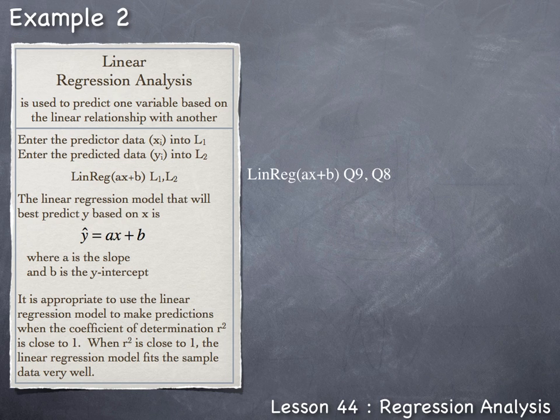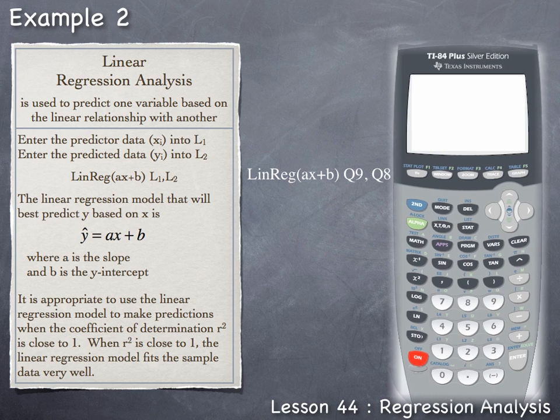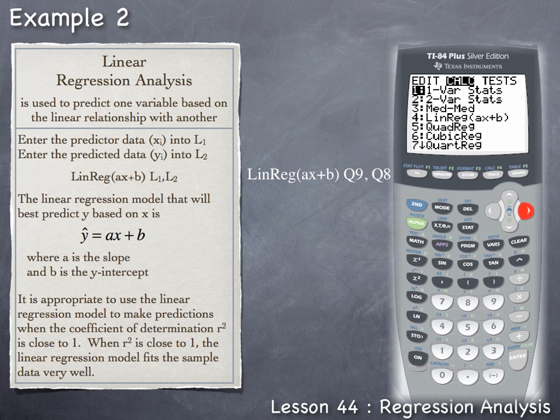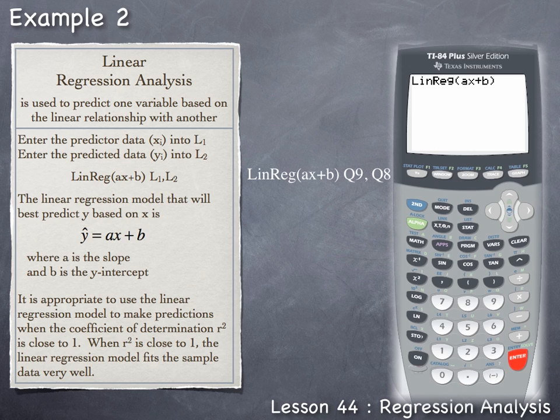So here we'll execute the linear regression command for question 9, question 8. To do this on the TI-84 calculator, we press Stat, arrow over to Calc, and then arrow down and select the linear regression ax plus b command. Enter.